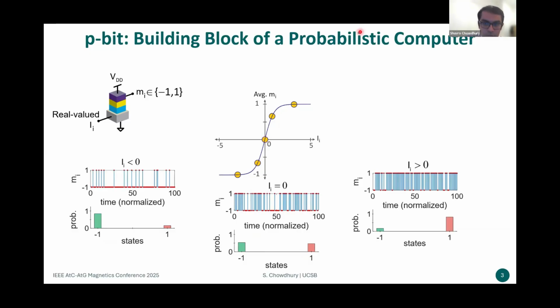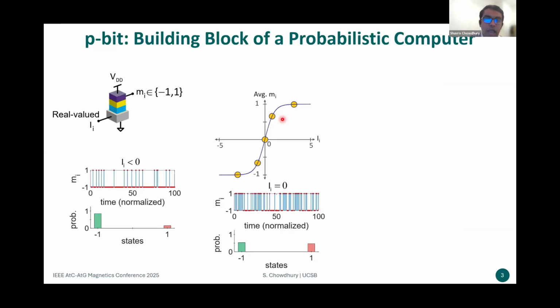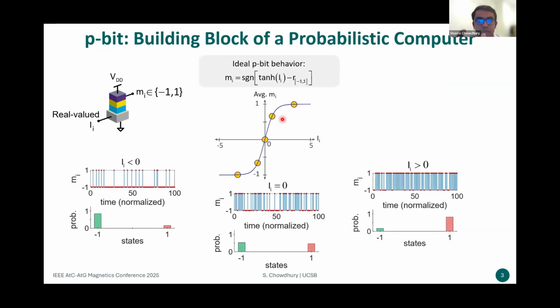Now, what you can do is the opposite. You can apply a positive input, and then it will behave the opposite way. It will spend more time in the +1 state and less time in the -1 state, and on average you will see a positive output. So this is how we view the ideal behavior of a p-bit, and we can mathematically formulate this p-bit behavior by this equation.